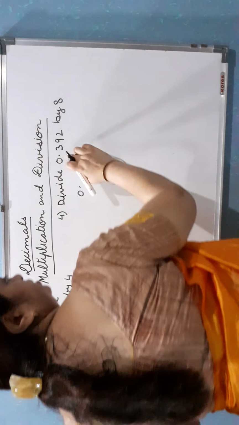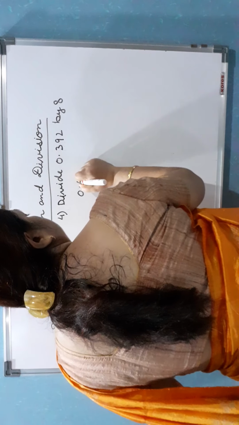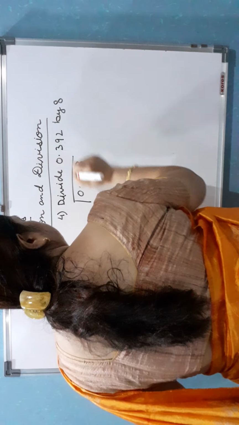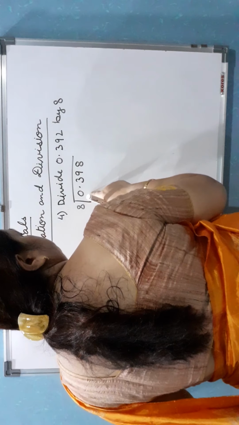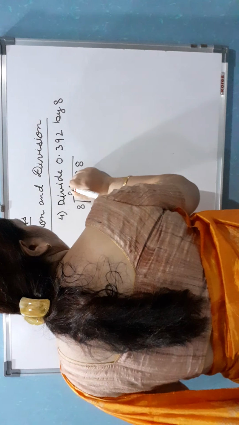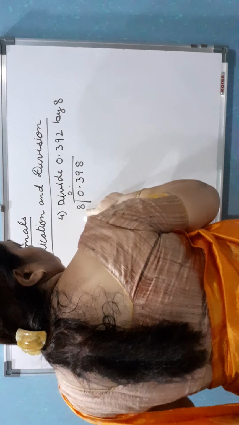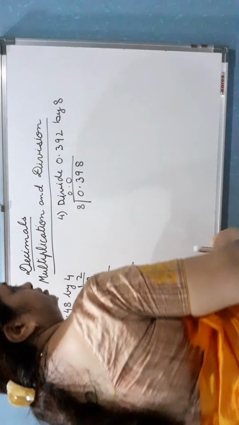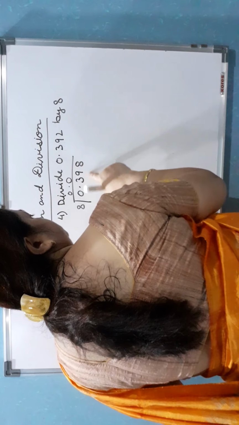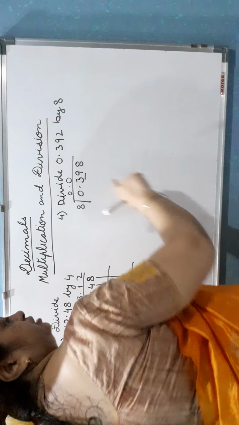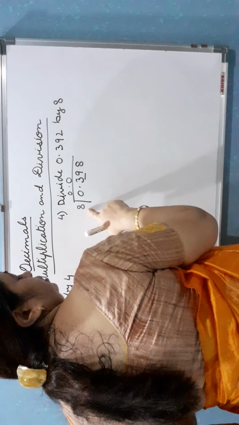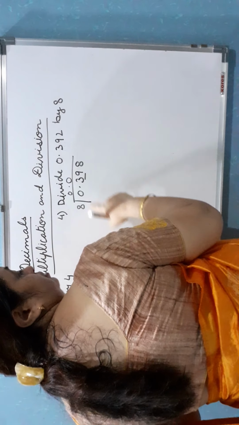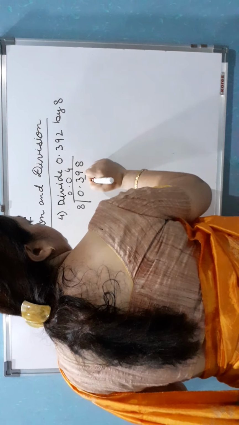Now look here, divide 0.392 by 8. So how will you divide it? By 8. So first look here, 0. So here will be 0 point. Then 3 is not divisible by 8. So again 0 will be here. So now you take these two numbers. Okay, 39. So 8 5s are 40. So you can't take it. 8 4s are 32.